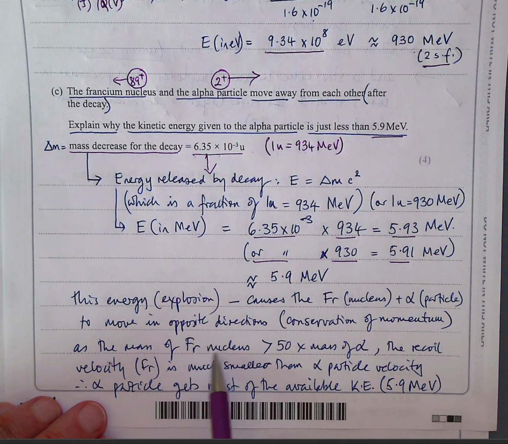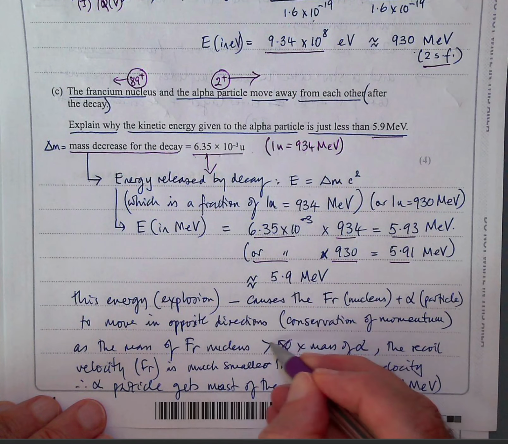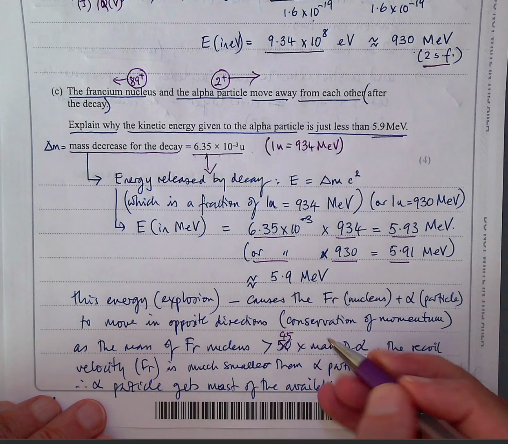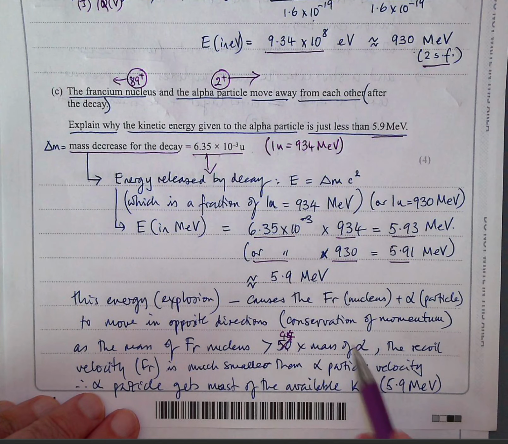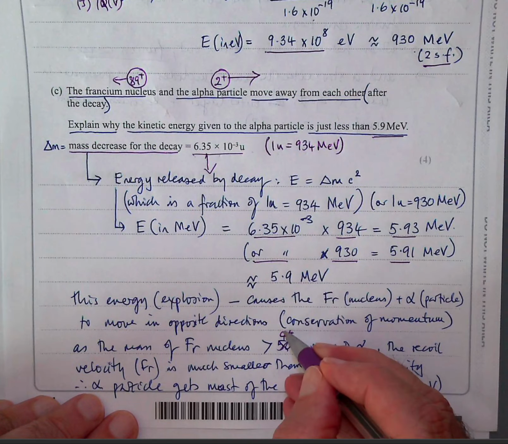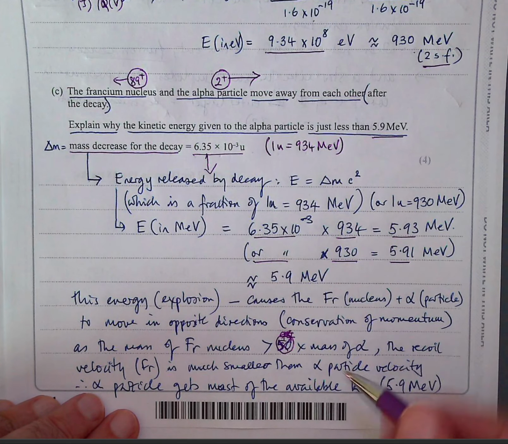The francium nucleus is much greater than 50 times the mass of the alpha particle. Oh, it's about 45 times? No, because we're talking about 225, so it's greater than 50 times. I was right in the first place, because remember, the mass is not just the protons.